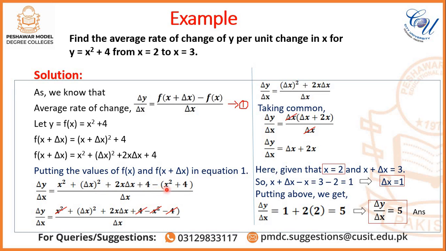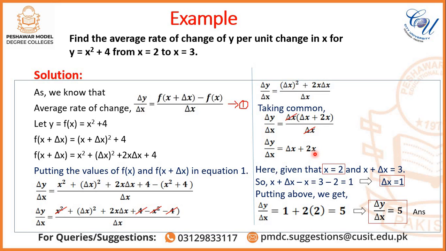Multiplying this negative sign inside the bracket, we get (x² + Δx² + 2xΔx + 4 − x² − 4) divided by Δx. Upon cancellation, we are left with Δy/Δx = (Δx² + 2xΔx) divided by Δx. Now taking common Δx, upon cancellation, we get Δy/Δx = Δx + 2x.